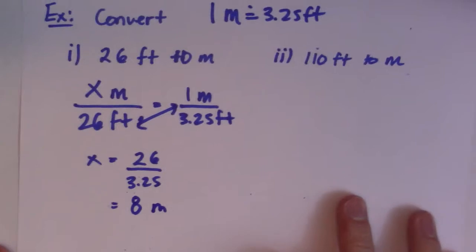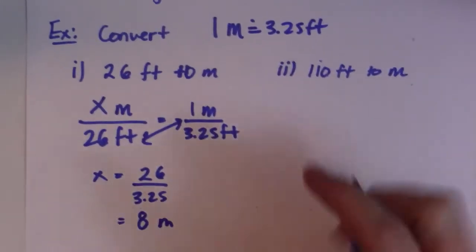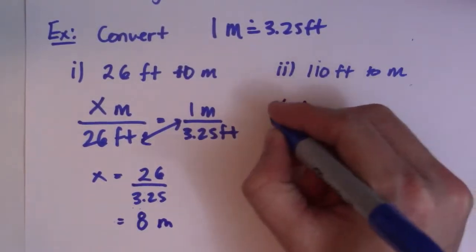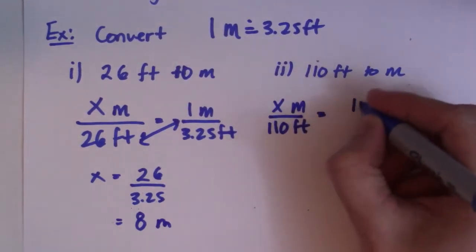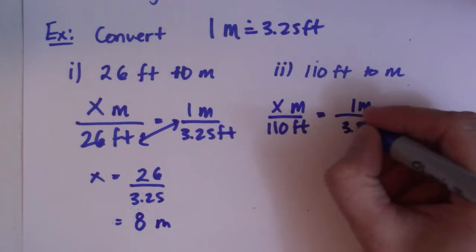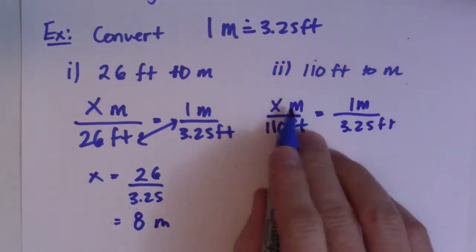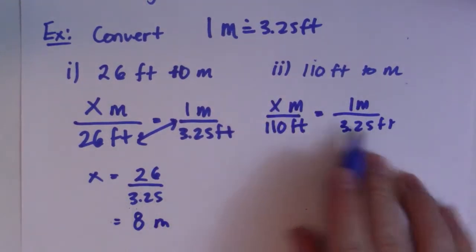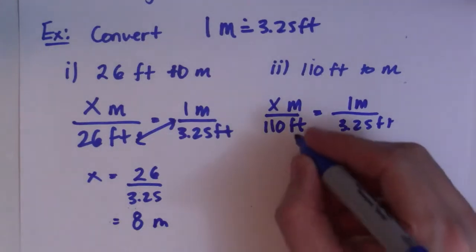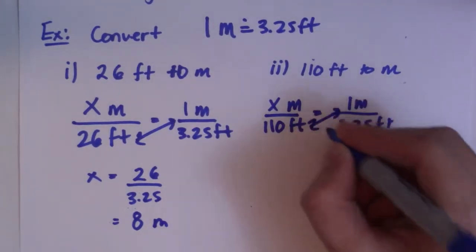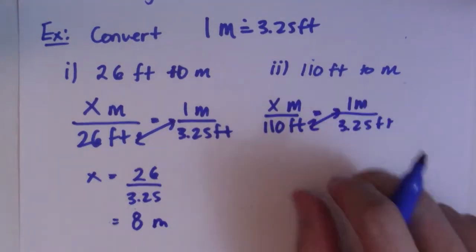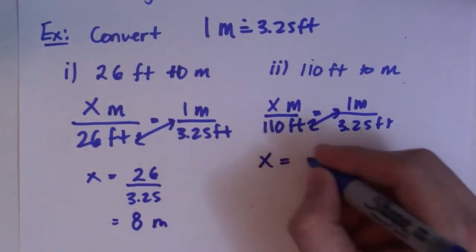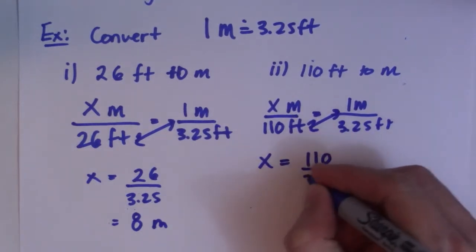I'll do the same thing with this one over here, 110 feet to meters. So x meters over 110 feet, and that's equal to 1 meter divided by 3.25 feet. I'll do the check: meter on top, feet on the bottom, so the units match. Then we just cross multiply again. I'm only cross multiplying one side because I just want to get all the numbers over here. So I get x is equal to 110 divided by 3.25.